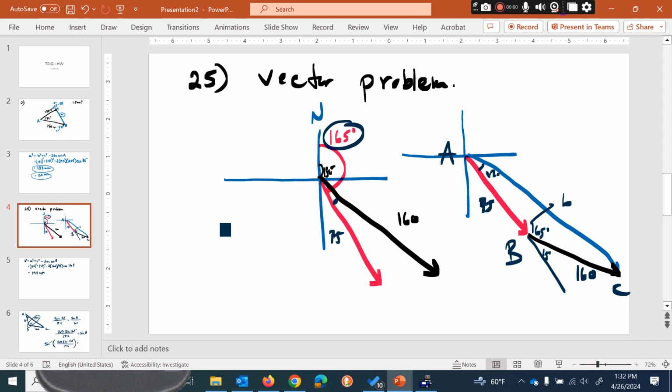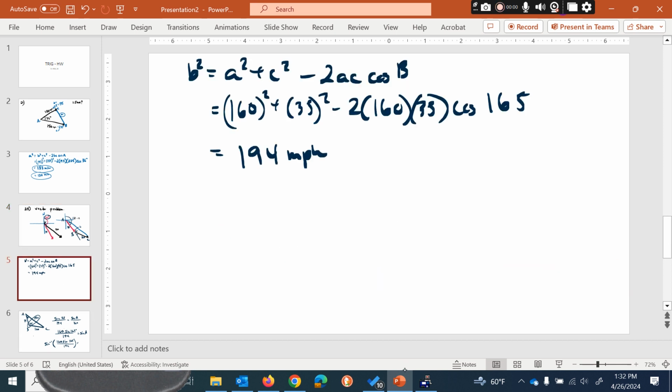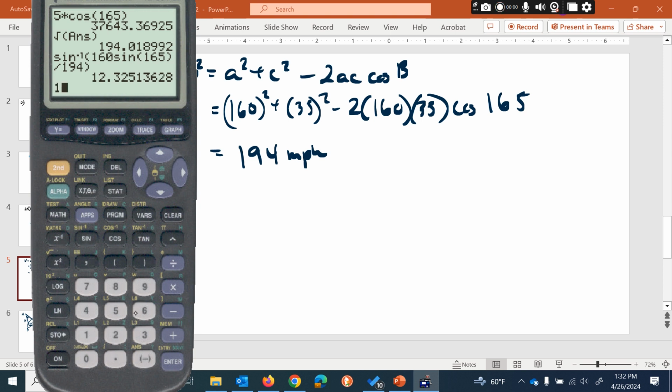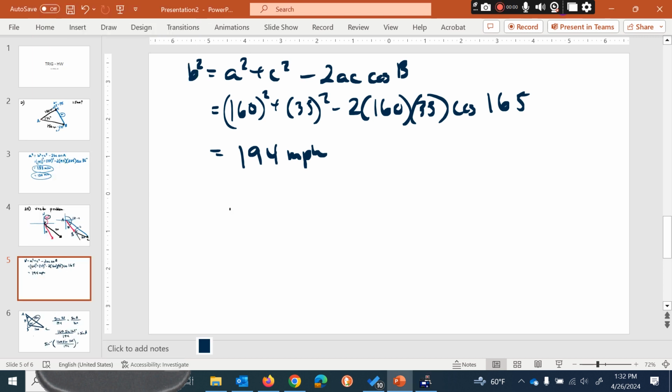So if that's 12 degrees, technically it's just 165 minus 12, and we'll get what we need. So 165 minus 12. If you do that in your head, I almost messed up.